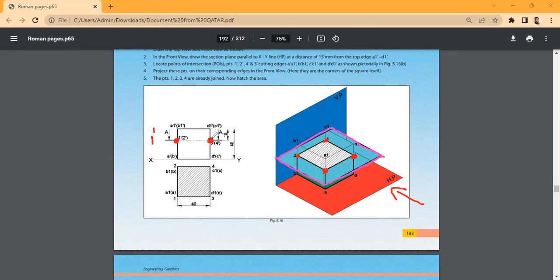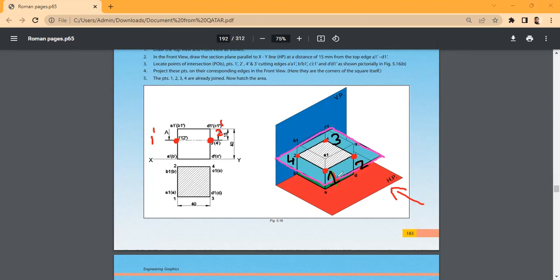Then I will name the next visible point. This is 1, this is 2. I will change the color, then only you can see. Yeah, this is 1, this is 2, this is 3, this is 4.